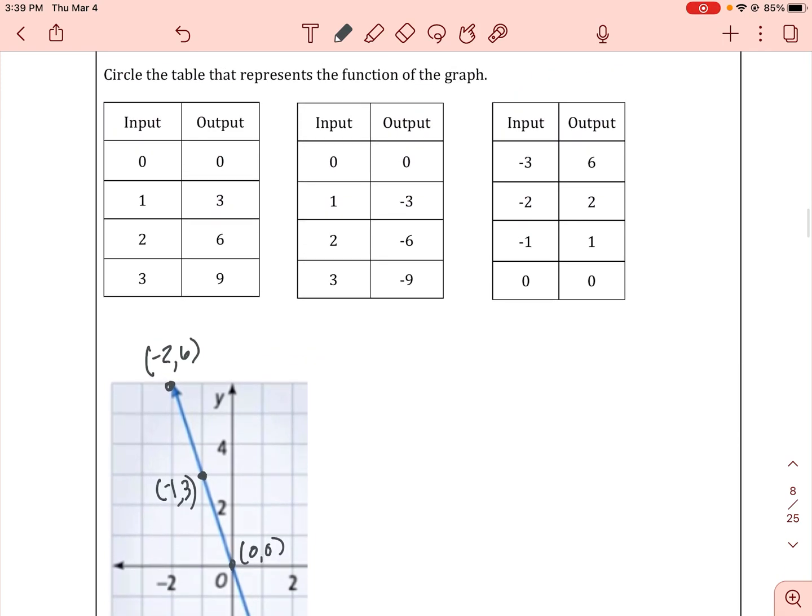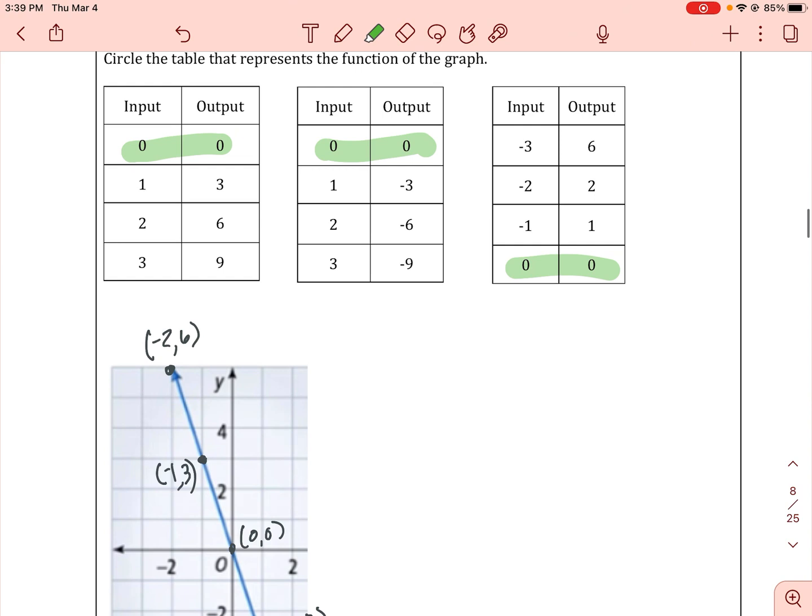So I see that I have 0, 0 in all three of these tables. Because this point is in all three of my tables, that does not help. I see I have the point -1, 3. See how -1 is right here, but it's not -3. So this one is not going to be one of my tables.